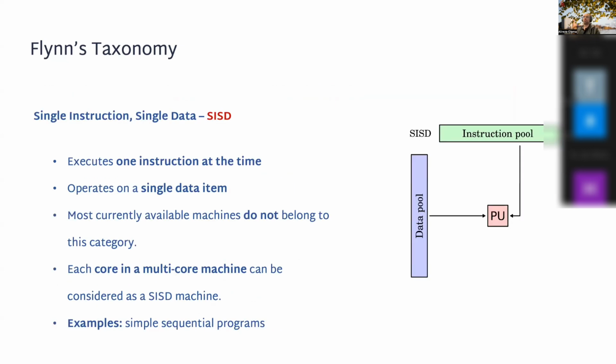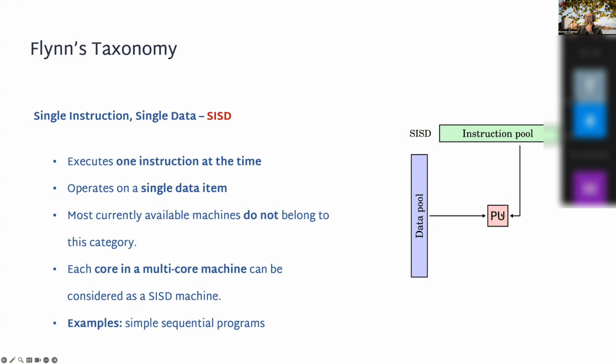So let's see how each one of these machines works based on Flynn's taxonomy. First, let's talk about single instruction and single data machines, or SISD. Basically, it is a traditional computer system in which you have a data pool where your data lies, and the instruction pool where you have your instructions.